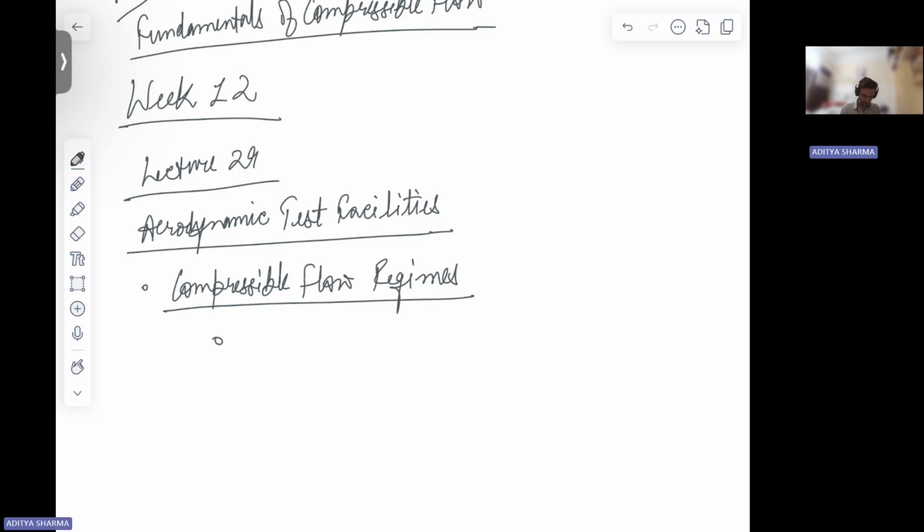First, if your Mach is less than 0.3, we call such flow incompressible flow.